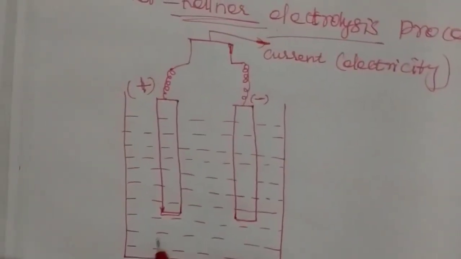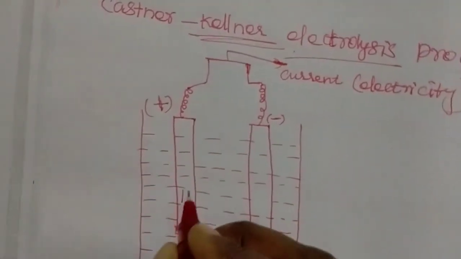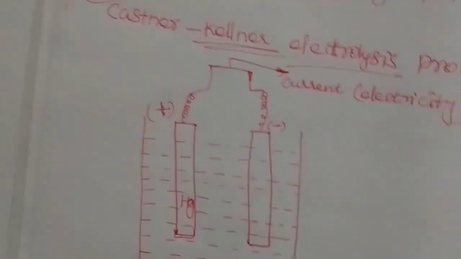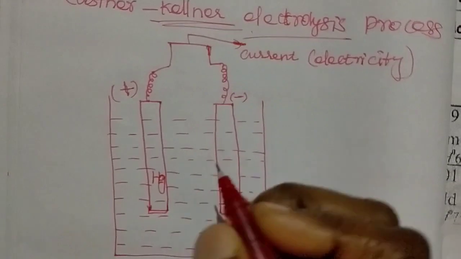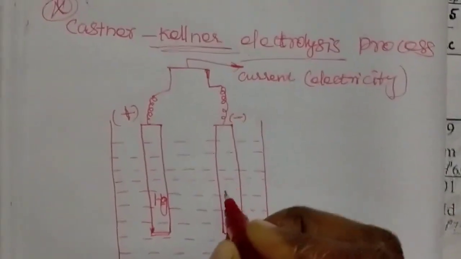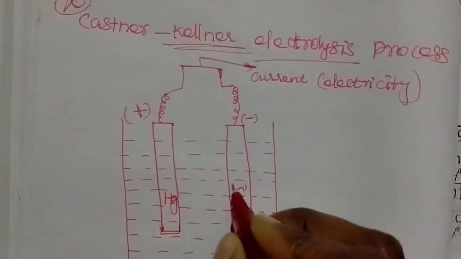We took here the cathode as mercury and the anode as a carbon anode.